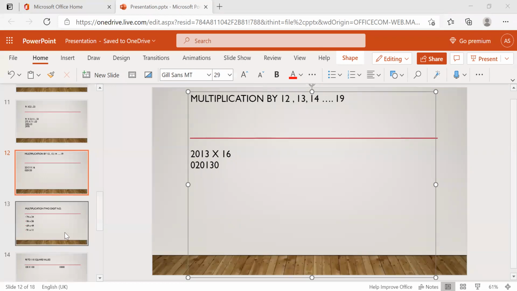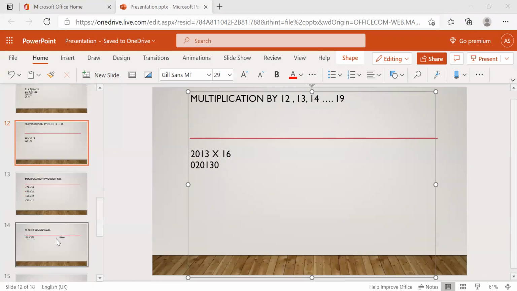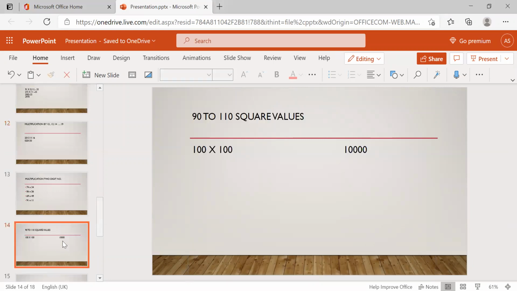Okay, then consider the next one: squares of 90 to 110. In the previous class we saw the squares of 40 to 60, based on 50 square. 50 square is nothing but 2500.